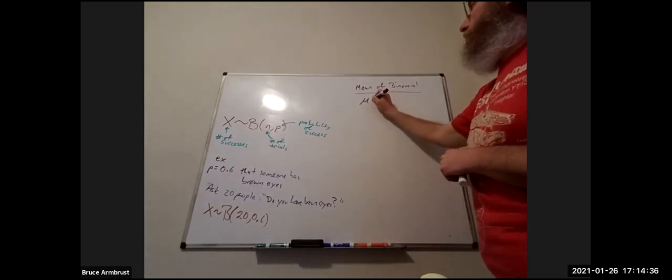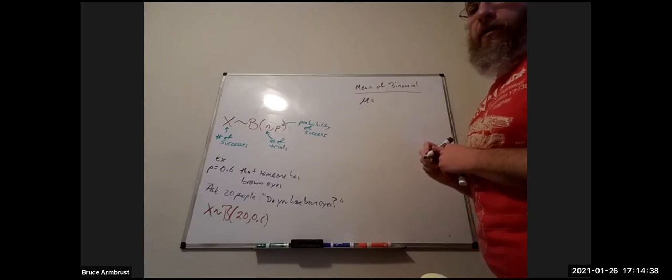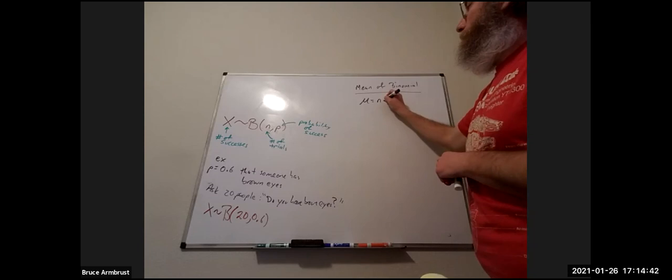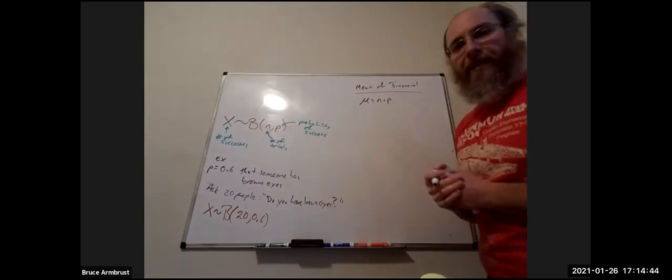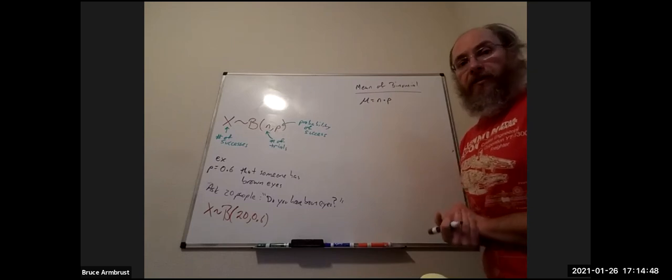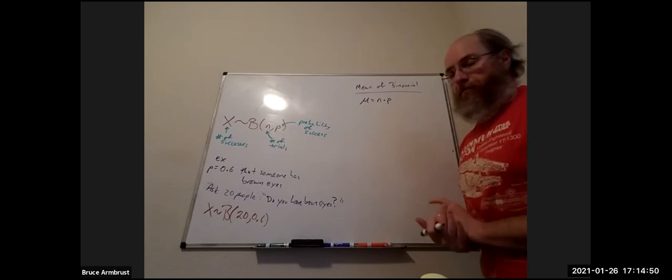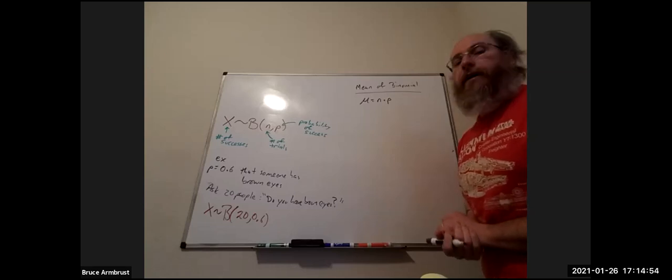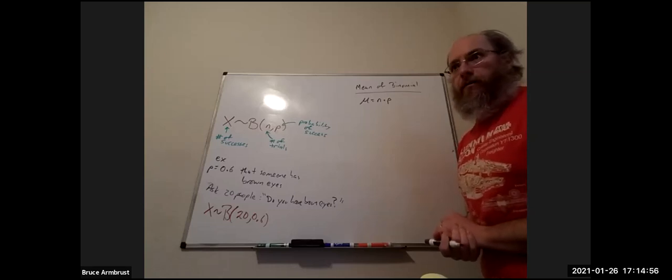And mu is equal to n times p. So it's really easy to calculate. All right, so what's the average number of successes? You just take your n, your sample size, and multiply by the probability of a success.